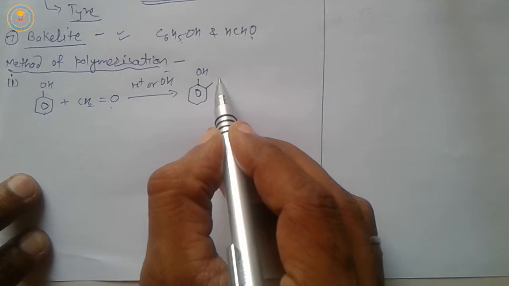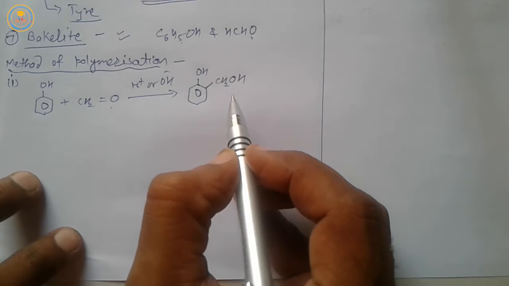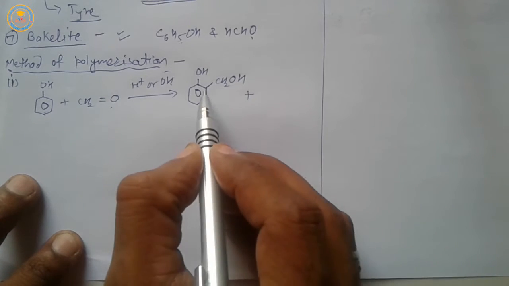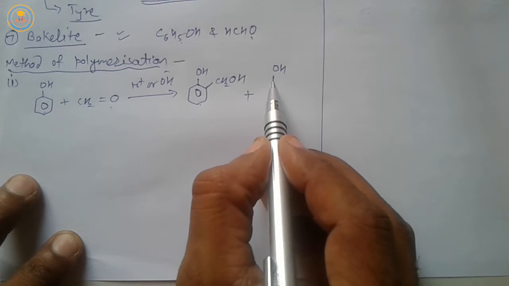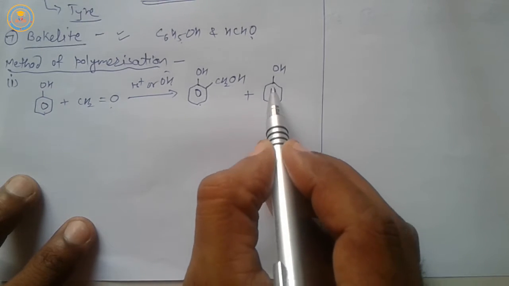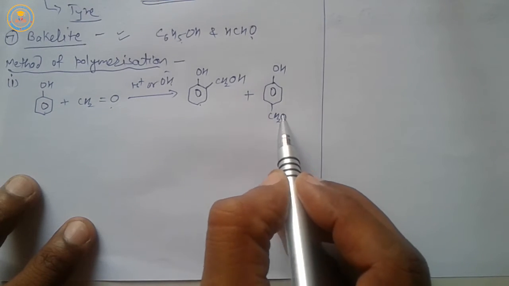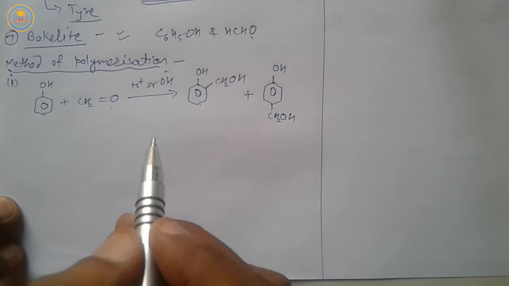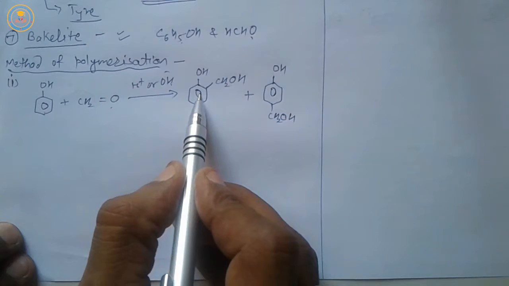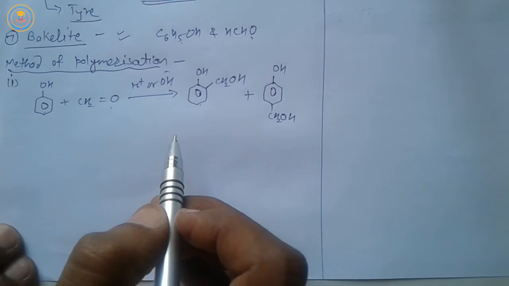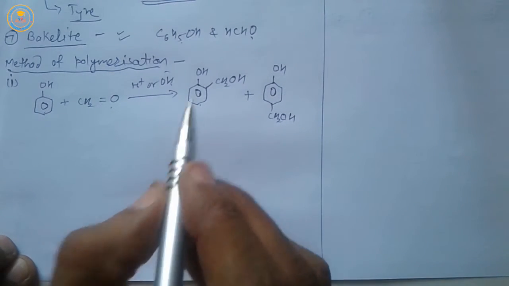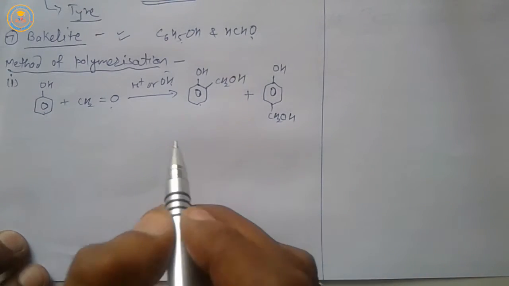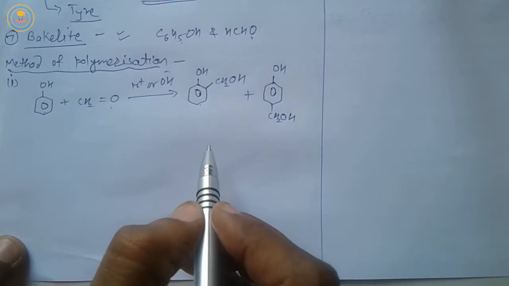So it is ortho hydroxybenzyl alcohol and it is para hydroxybenzyl alcohol. These are intermediates. Ortho hydroxybenzyl alcohol condenses to form a linear polymer having rings joined to each other through CH2 groups.